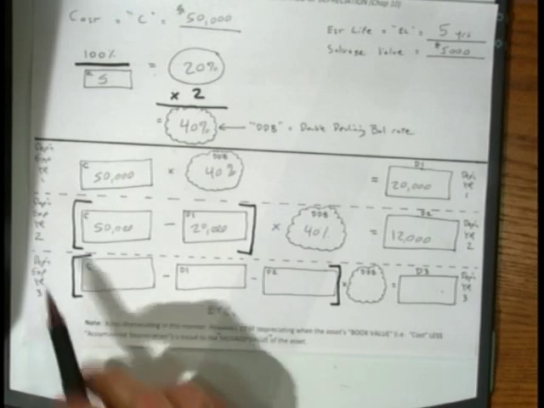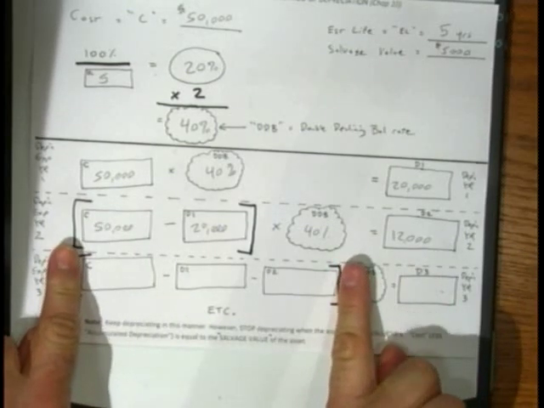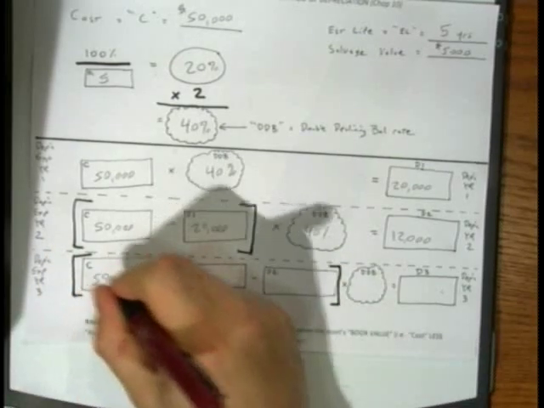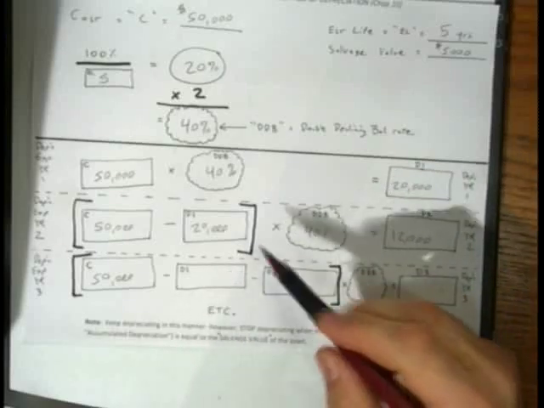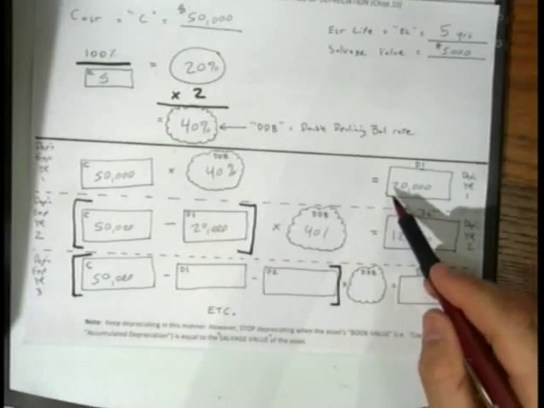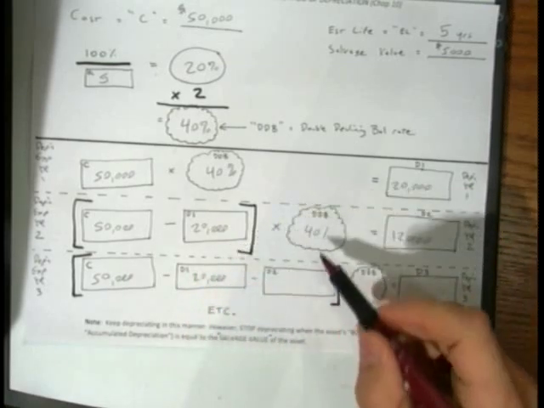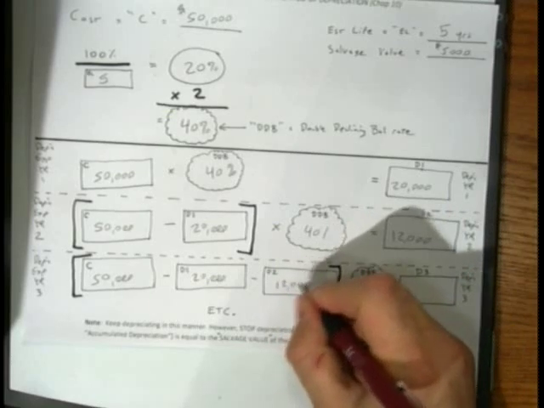What about depreciation for year 3? Well, right here in between my fingers is going to be the book value of the asset, which is the cost of $50,000 minus whatever we have depreciated. Well, how much did we depreciate in year 1? $20,000. How much did we depreciate in year 2? $12,000. Okay?